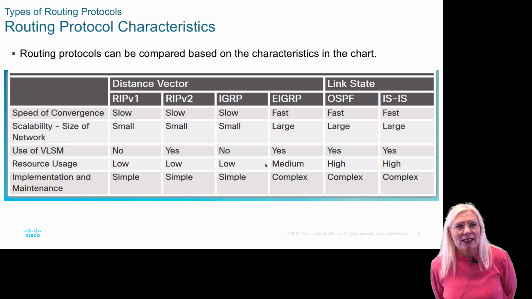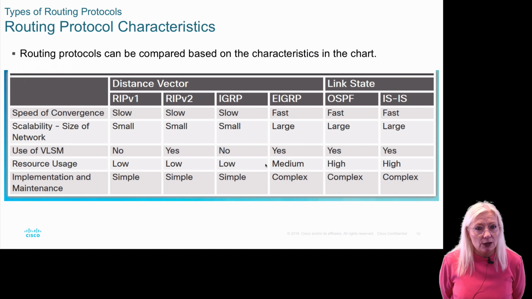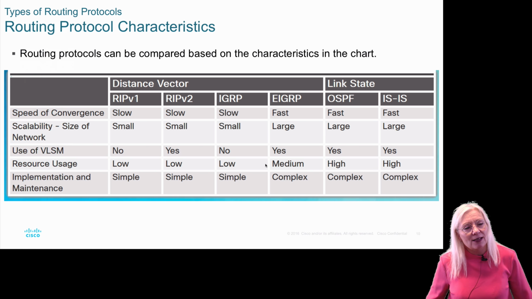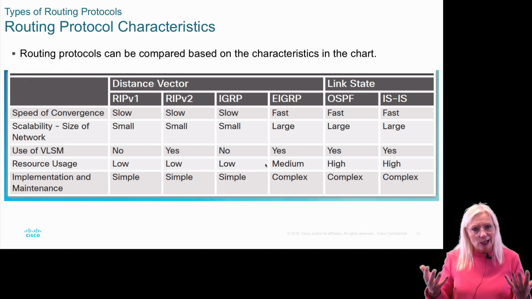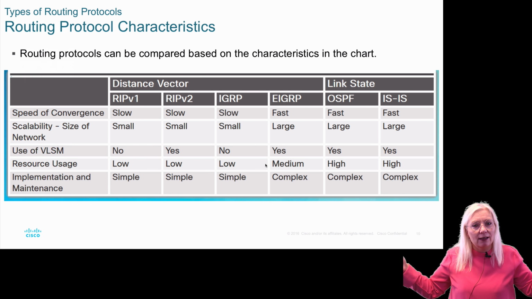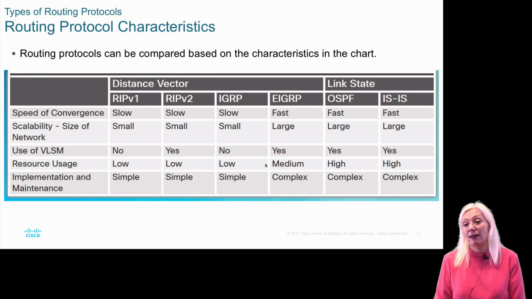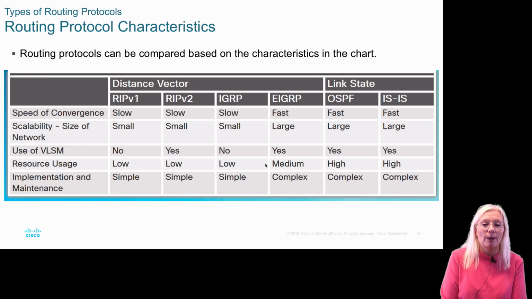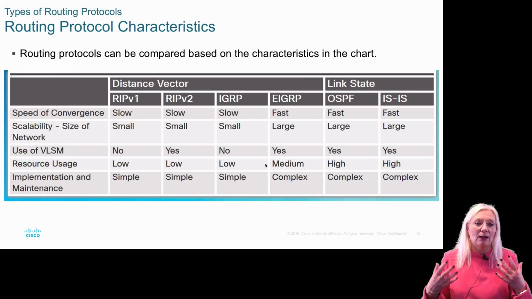When we look at the speed of convergence, that is when we send out an update, how long will it take until all the routers in the network are informed about this, so that we all know about everything.